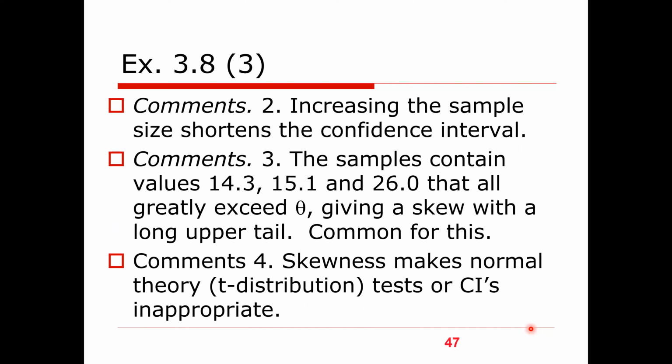We sometimes have skew with a long tail. This is common. Skewness makes normal theory like t-distributions or confidence intervals inappropriate. But when we use the sign test, it's not that robust to long tails.